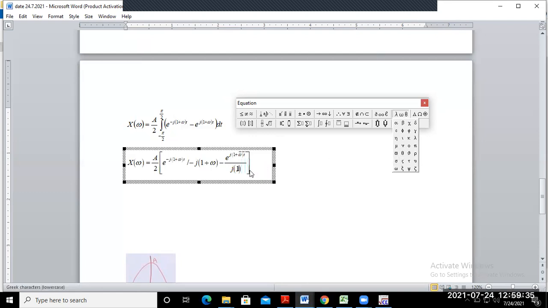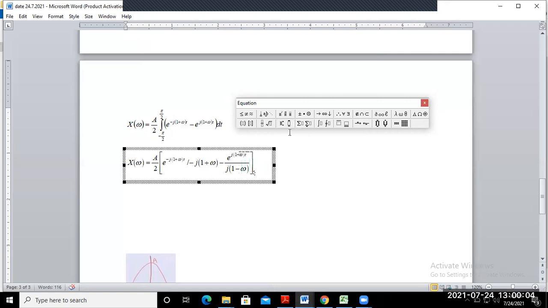The lower limit is minus pi by 2 and the upper limit is pi by 2.